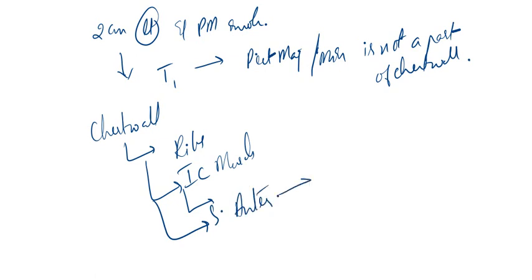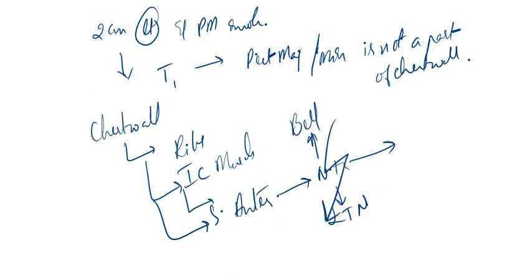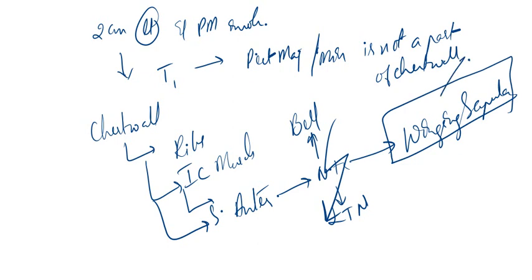The nerve to serratus anterior, also called the long thoracic nerve or nerve of Bell, if injured, what does it cause? It causes something called winging scapula. This image is a potential MCQ for NEET PG. Just read like this, doctors.